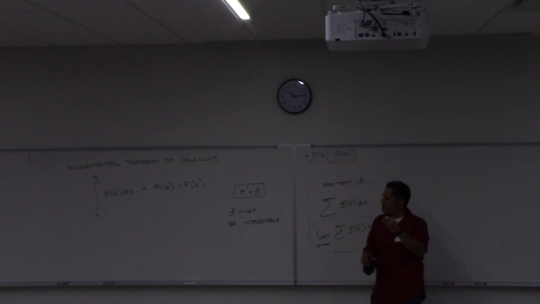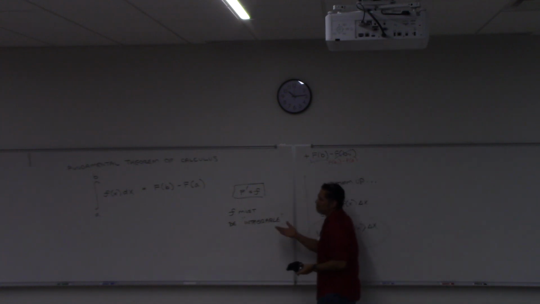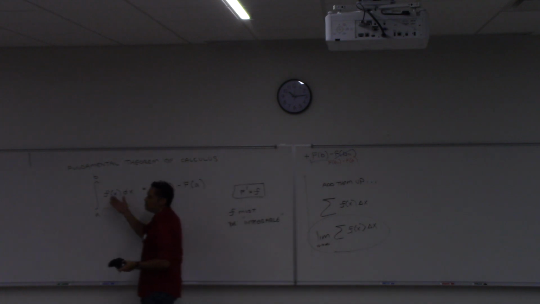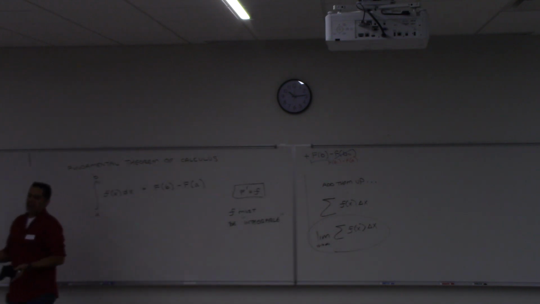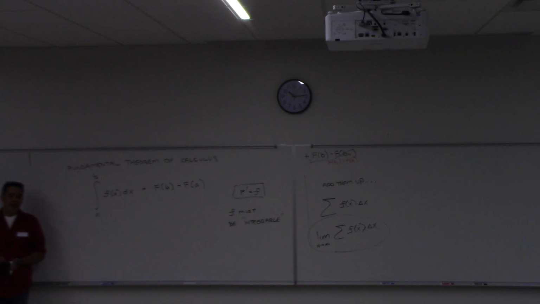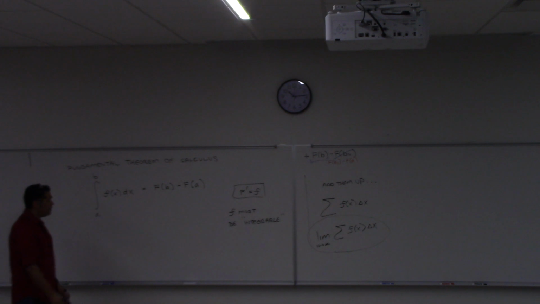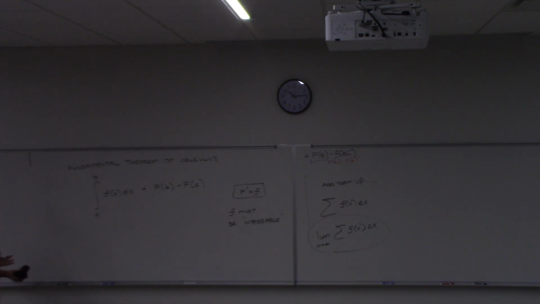Well, for us to be able to do this, this function must be integrable. We need to be able to find the antiderivative of it, right? There are some other conditions I won't get into, but basically, we need to be able to find the antiderivative for this to work. Not all functions are integrable. But if it is, then we're in business, all right?